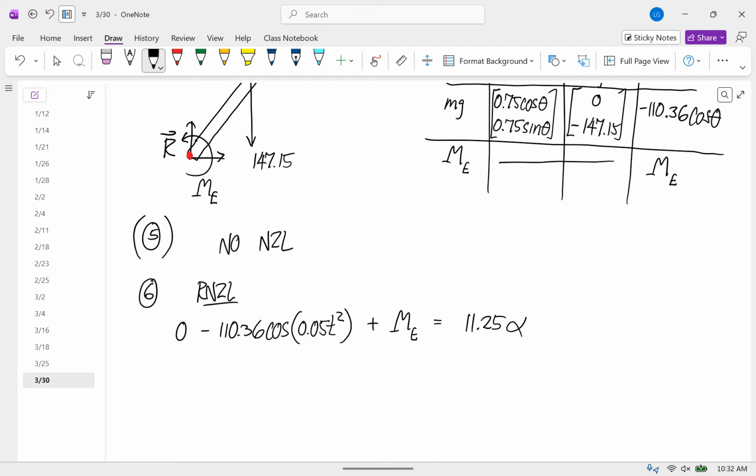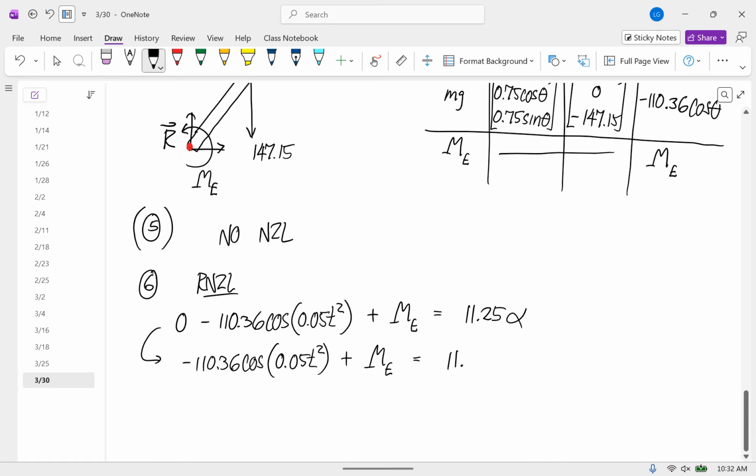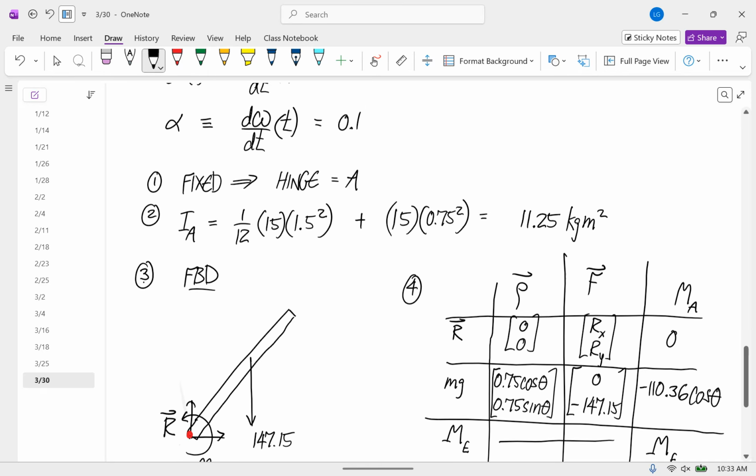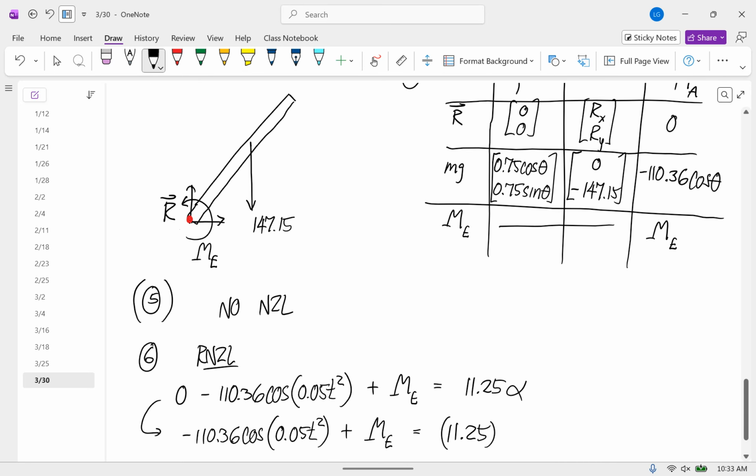But we also have a formula for angular acceleration, remember? So this says negative 110.36 cosine of the quantity 0.05 t squared plus ME is equal to 11.25 times our alpha, which is 0.1.